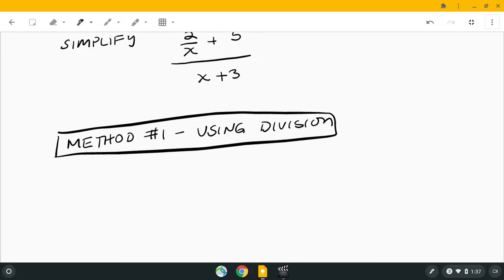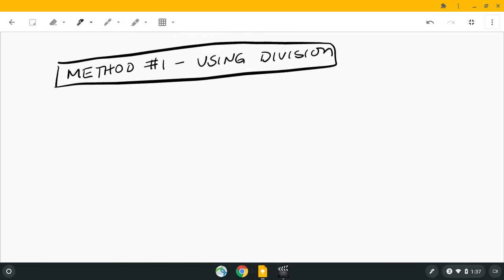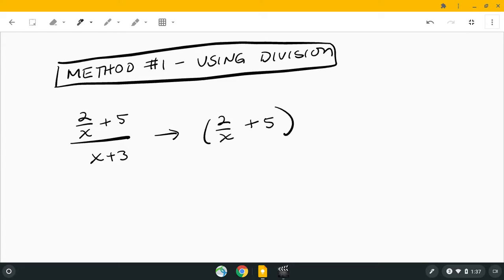Let me go ahead and copy that down over here: 2 over x plus 5 over x plus 3. If we rewrite it as a division problem, it looks like 2 over x plus 5 divided by x plus 3.